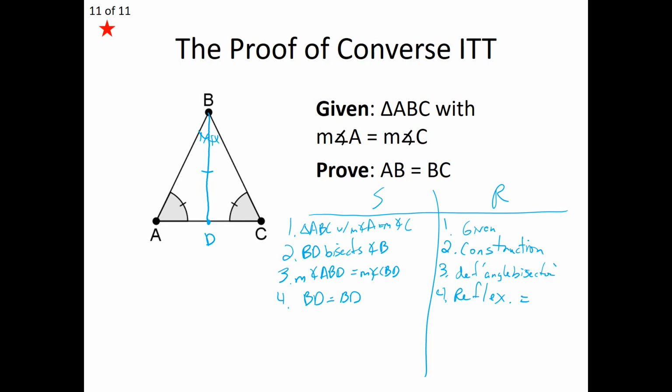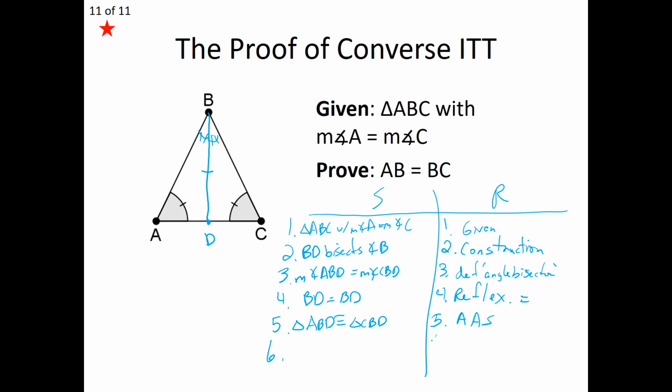We have already been given angle A and angle C. We found by our angle bisector angles ABD and CBD, and there's a common side, which means we have enough to declare triangle congruence. Triangle ABD is in fact congruent to triangle CBD by our very new principle, angle side angle congruence.